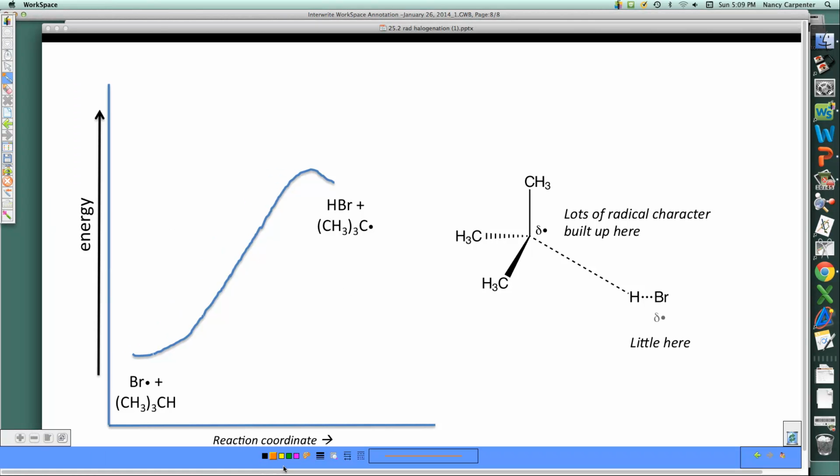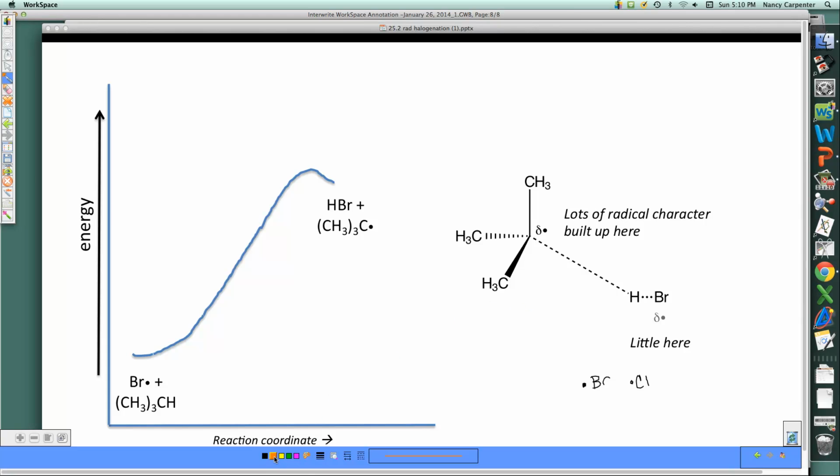So to make it kind of obvious, the stability of Br dot versus Cl dot, not a huge difference. But we've already seen that there's a really big difference between a tertiary radical, a secondary radical, and a primary radical in terms of stability.